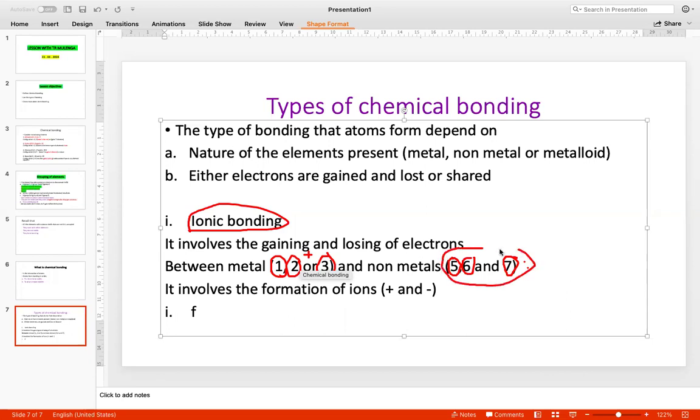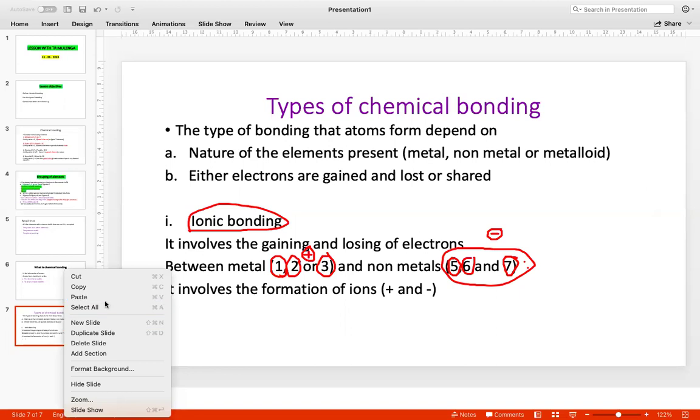Those with 5, 6, and 7 electrons in the outermost shells will form negative charges. And these are the ones that are called ions. That's why this type of bonding is called ionic bonding. So the compound formed when ionic bonding takes place is expected to have both charges: the positive charges coming from metals, and the negative charges coming from non-metals.